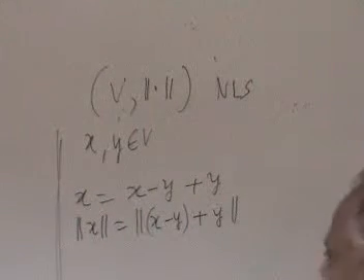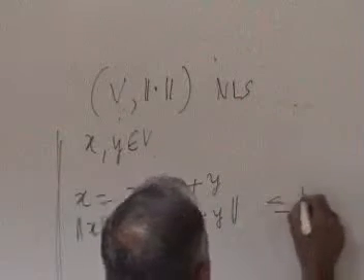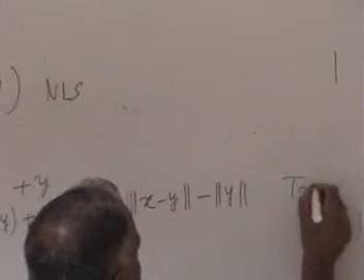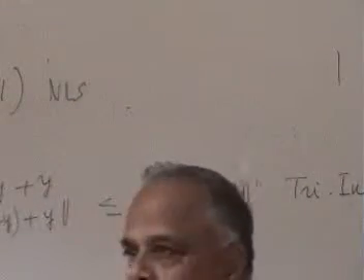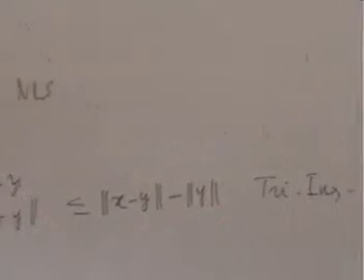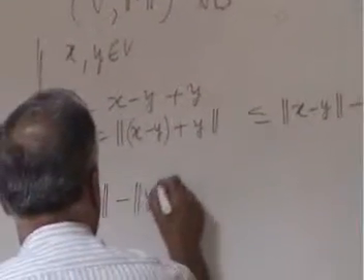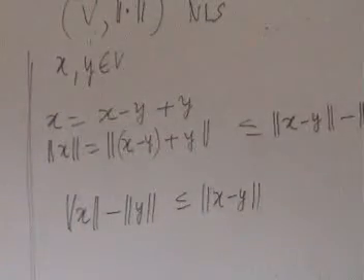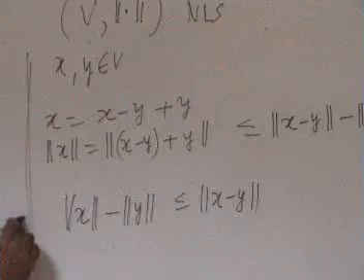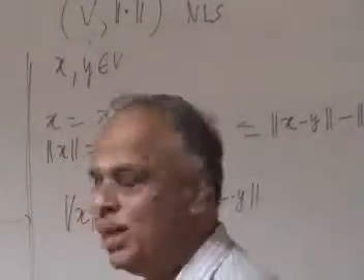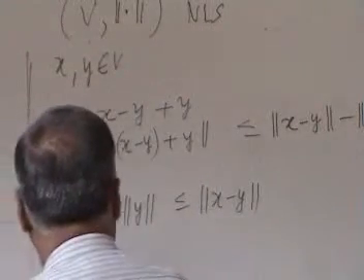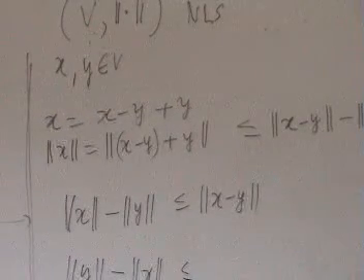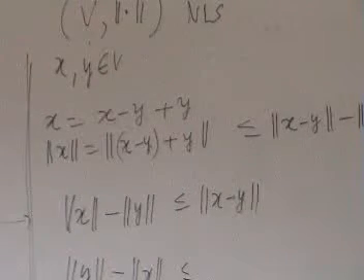By the triangle inequality for norms, this is less than or equal to the norm of x minus y plus the norm of y. And that says norm x minus norm y is less than or equal to the norm of x minus y. That is this step. Next, interchange the role of x and y: norm y minus norm x is less than or equal to norm of y minus x. But I can pull out a minus 1 with an absolute value, so that is still norm of x minus y.